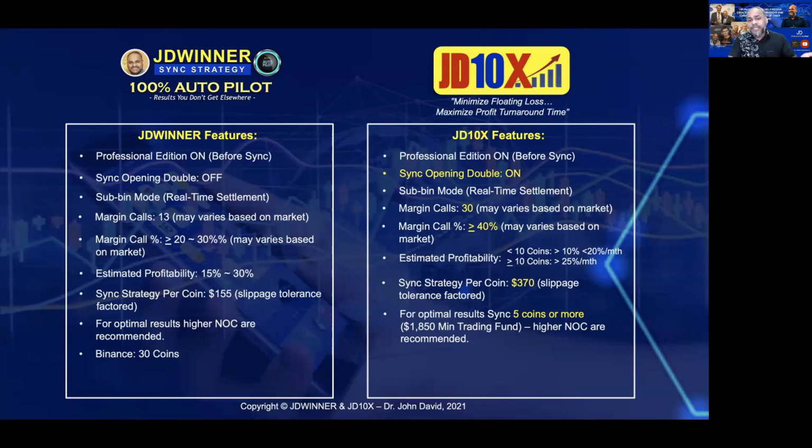Now for Binance, 30 coins for both. Okay, for both we offer 30 coins. So you might be asking, why is it 30 coins? Isn't it that Binance offers 71 coins? Yes, 71 coins, but that doesn't mean I have to give you all the 71 coins. There is no point. Not all the coins will potentially give you the profit.